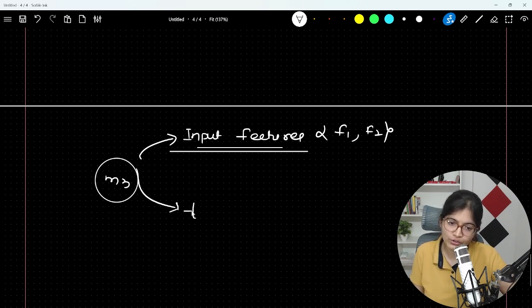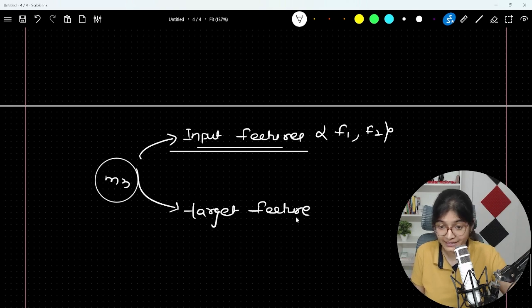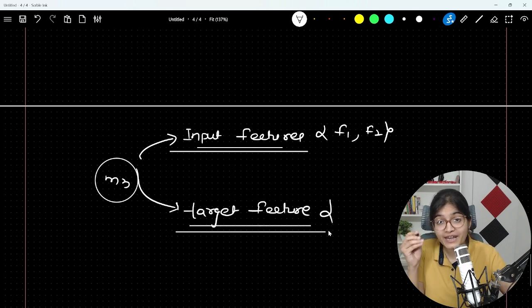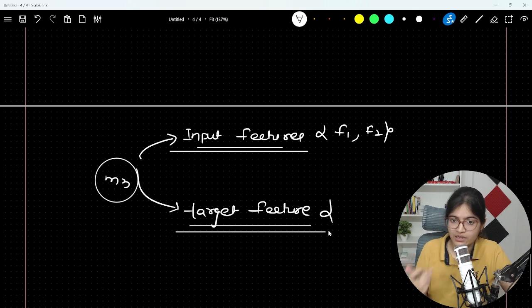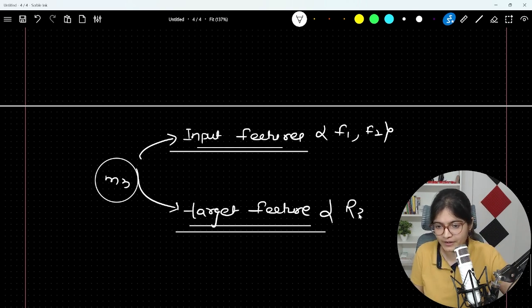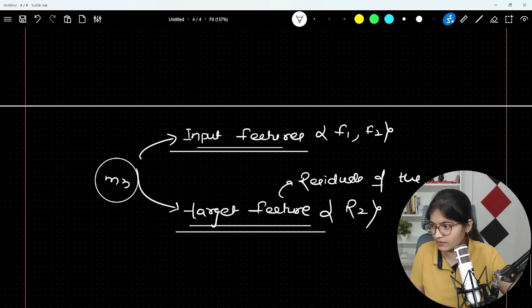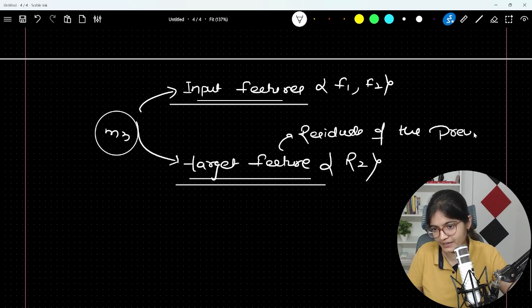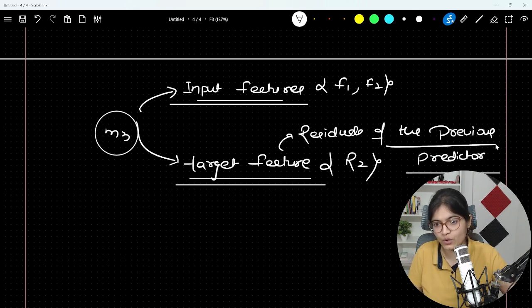And your output, or the target feature, when you design this algorithm is the residuals of the previous predictor, which in our case is R2.